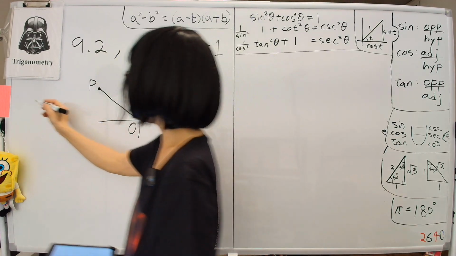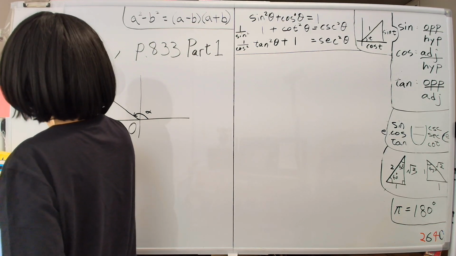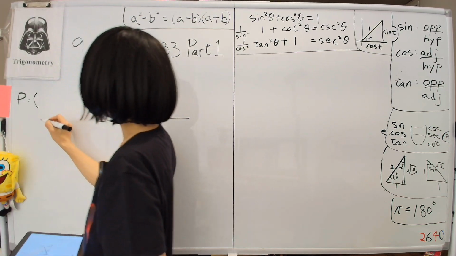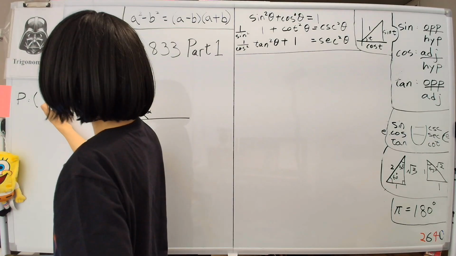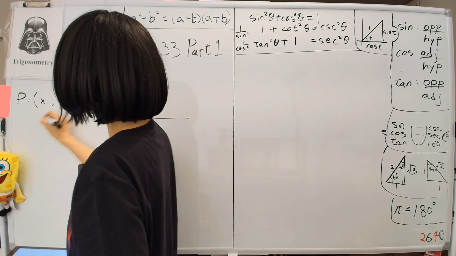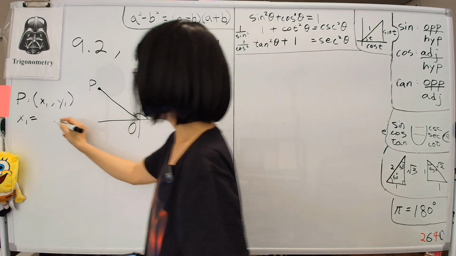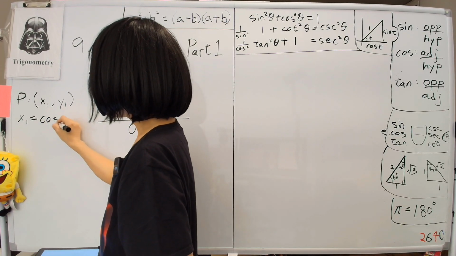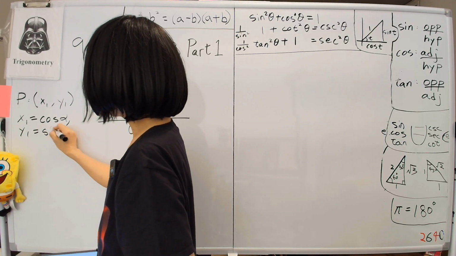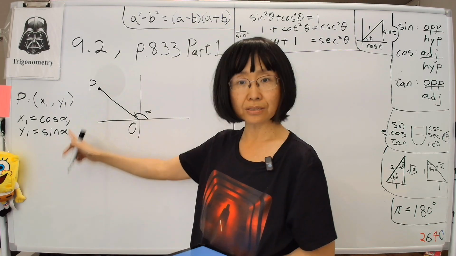Therefore, the coordinates of P, let's call it x1, y1, where x1 is equal to cosine alpha and y1 is equal to sine alpha, because that is the coordinate of any point on the unit circle.